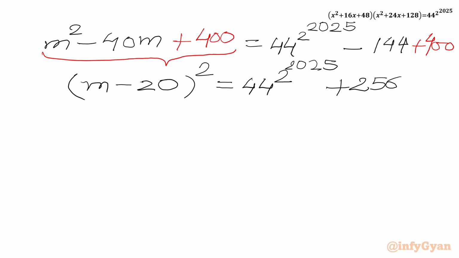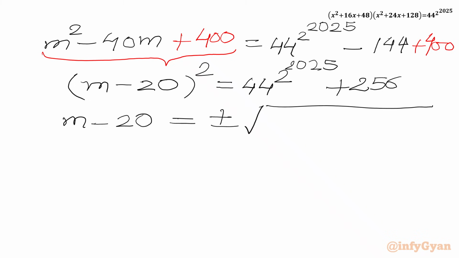Now we are going to take a square root both sides. So we will get m minus 20 equal to plus minus a square root of 44 raised to the power 2 raised to the power 2025 plus 256.